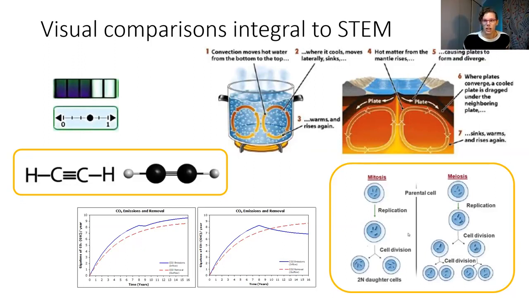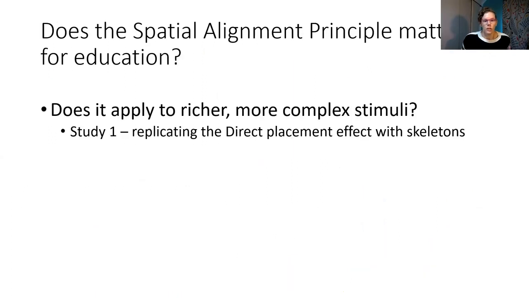Maybe this is something that educators and people who are creating educational materials are already doing. And understanding the spatial alignment principle is really good, but it's not going to really give us much purchase on improving education from where it already is. So those questions are the ones that we addressed in the studies I'll be talking about today.